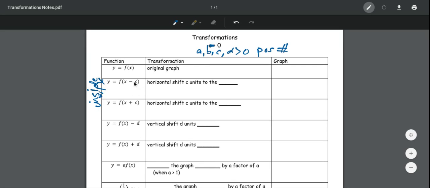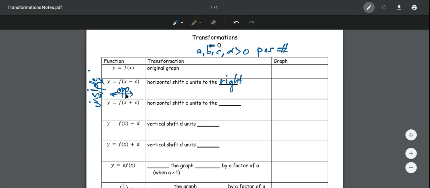And so when it moves in the x direction, that means that it has to move left or right. So we know that these two are going to move left or right, okay? The left or right is a little bit different than what we think, because you say x minus c and I think, well, the negative direction is really to the left, but it's opposite. So we do the opposite on the inside. And so what you think is negative would be left is actually to the right.